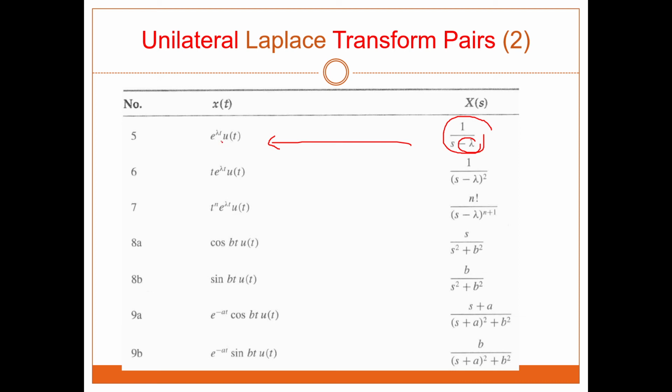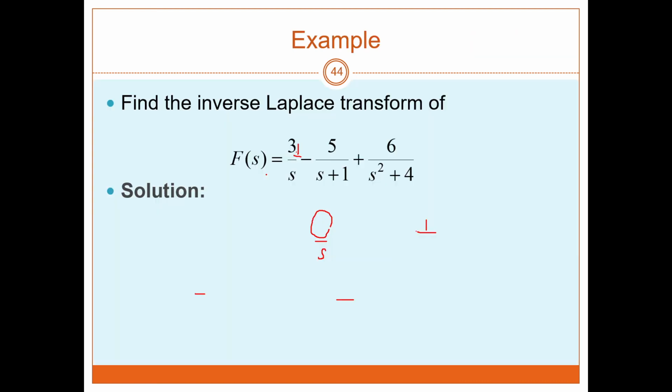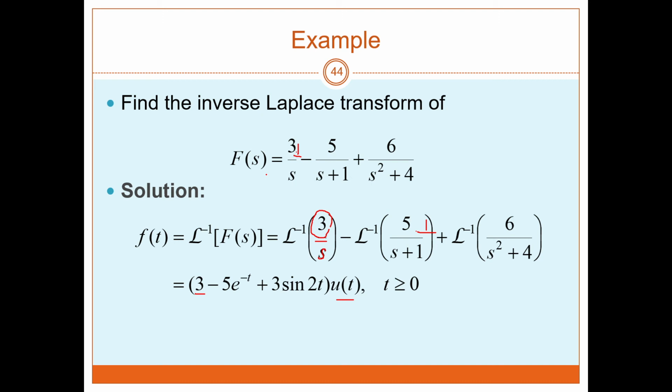The plus 1 just now, if you match with the entry, is minus lambda, so minus 1 is equivalent to minus lambda. Since 5 is factorized, it is e to the minus t, and then again the u(t).